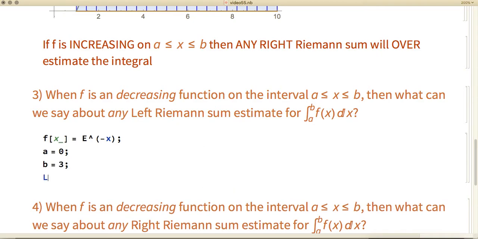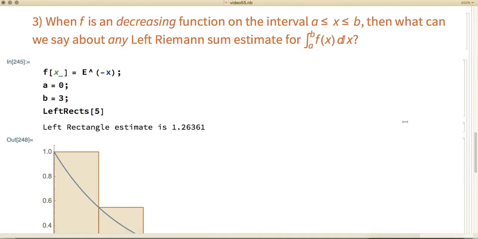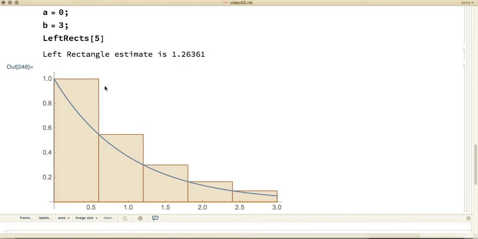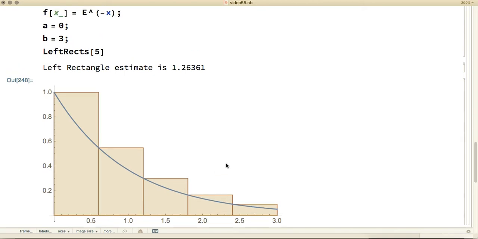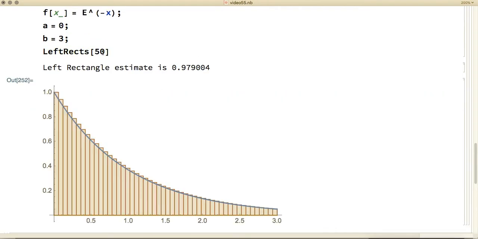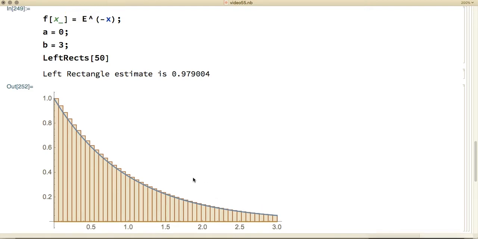Let's look at the left Riemann sum for this function, and start off with 5 rectangles. Here what I want to notice is that the left rectangles are now overlapping the function because the function is decreasing. Again, there's nothing special about the number of rectangles. If I squish a whole lot more in, they're still overlapping my decreasing function, so my left Riemann sum estimate is still an overestimate for the integral.